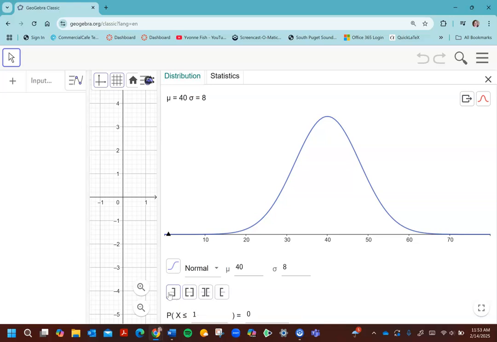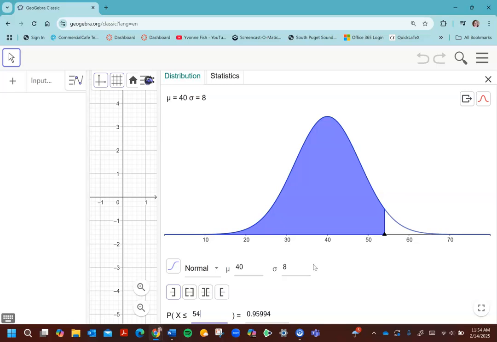So we're going to click this little icon and brace that has, if you hover, it says left-sided. Then we click there and change that number to say 54. And again, remember, it doesn't really matter if it says less than or equal to or less than. You're going to do the same process there. And then when you enter that in and hit enter, you can see it will equal 0.95994, and we get our diagram shaded.